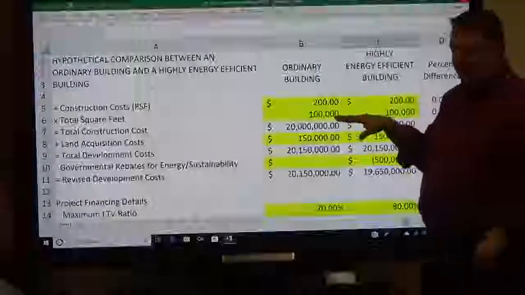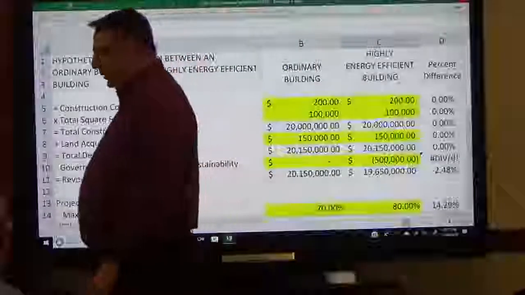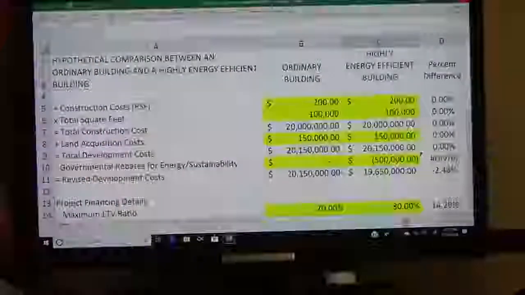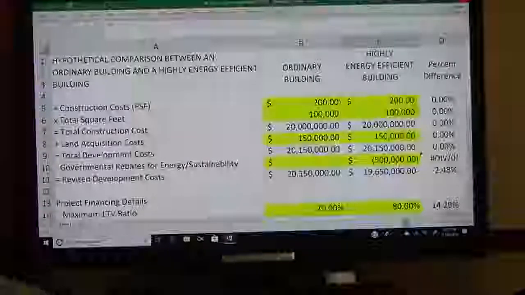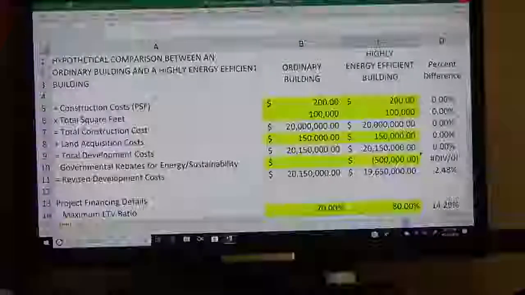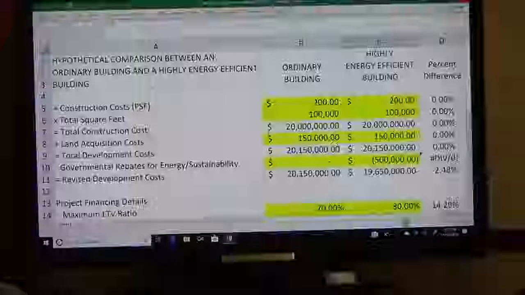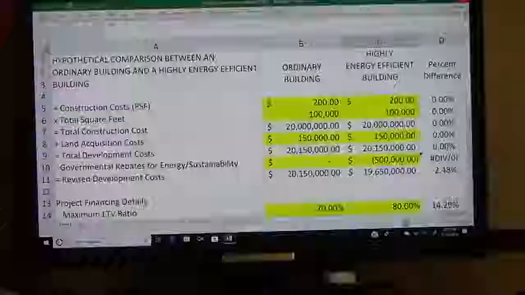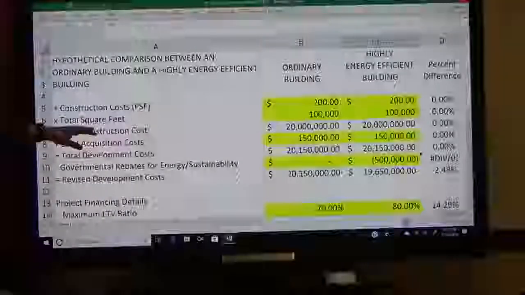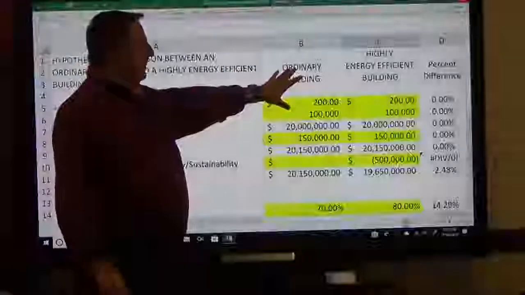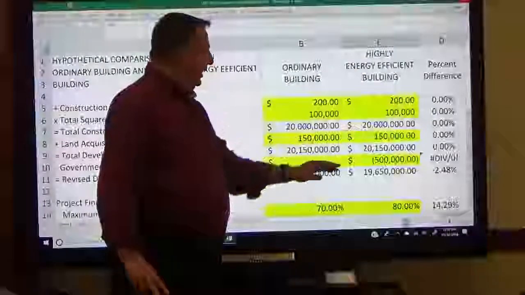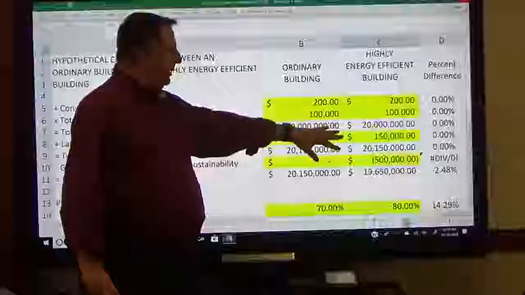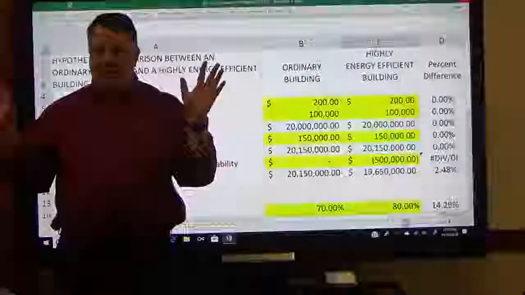Now, what this little model that I created a couple of years ago attempts to do is to go through line item by line item and identify some of the areas that are different between a typical, normal, ordinary building and what I'm calling a highly energy efficient building. Now, the numbers that we popped up here for the time being don't really mean anything, okay?